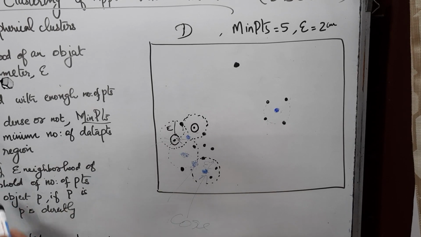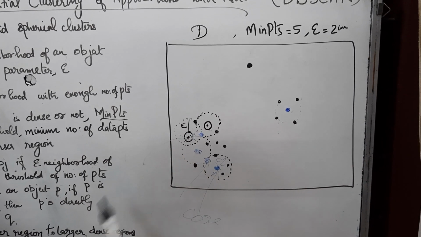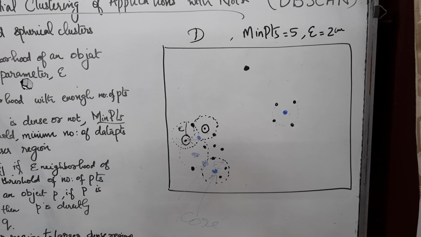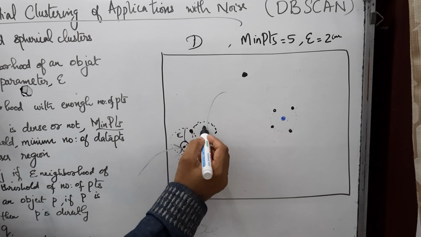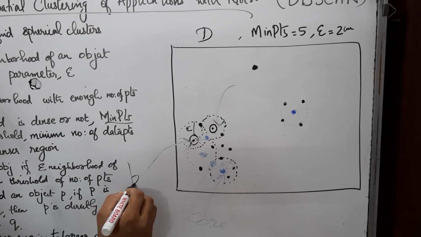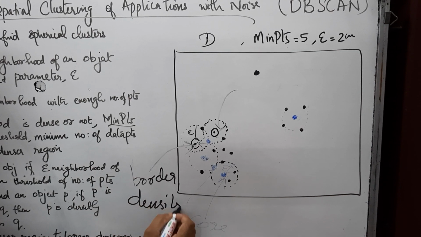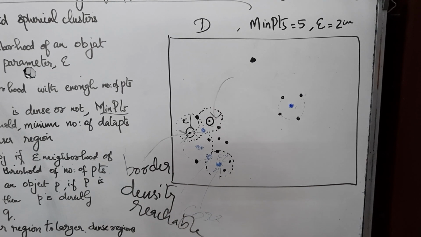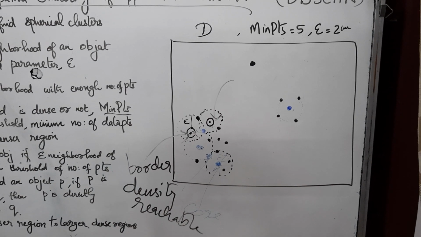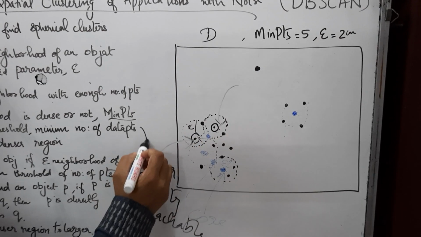If an object is directly reachable from a core point, we can include that point in our cluster. Similarly, this point and this point are called border points, or density reachable points from a core object. All those objects which are reachable from a core object are directly density reachable from the core object. So this is a border point, this is a border point.